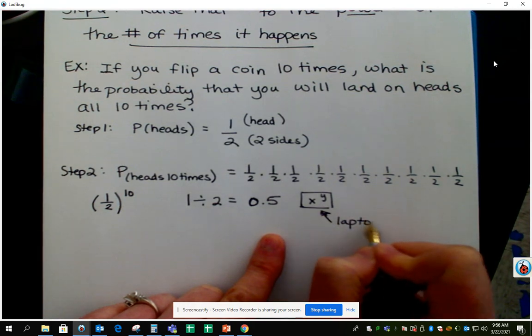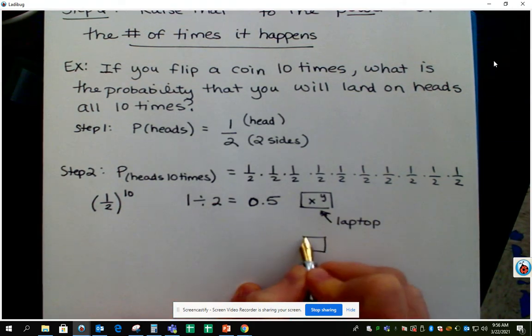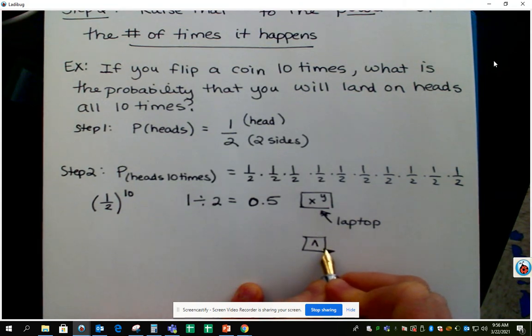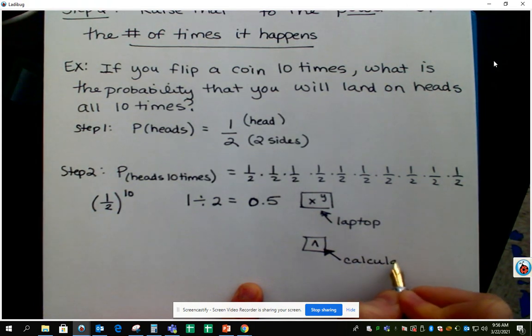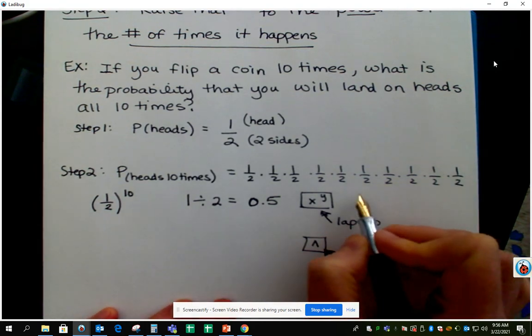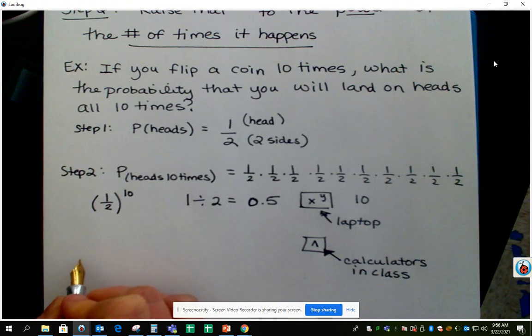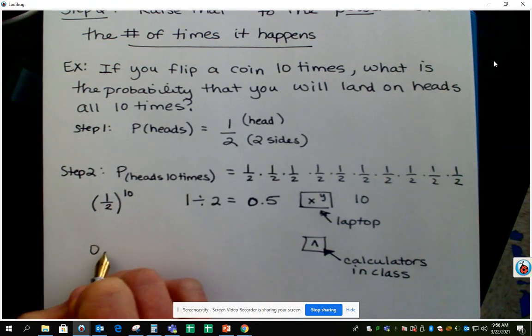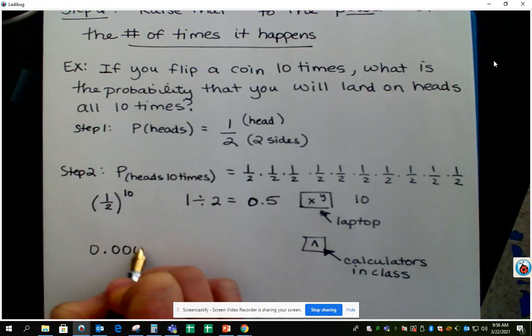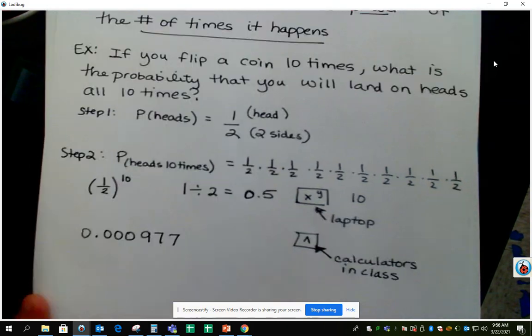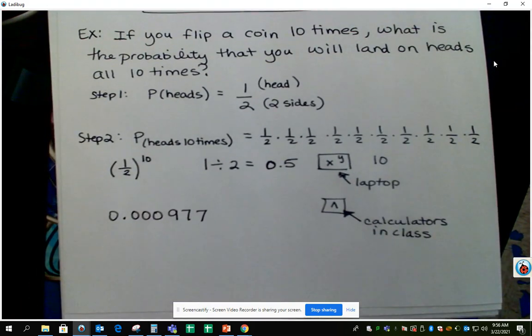If you use the calculators in class, you would use the little caret button to do an exponent. Then you would put in 10. The answer we get either way is 0.000977. That's a very small chance.